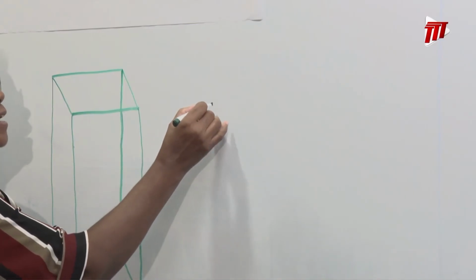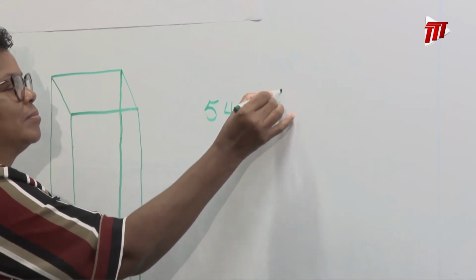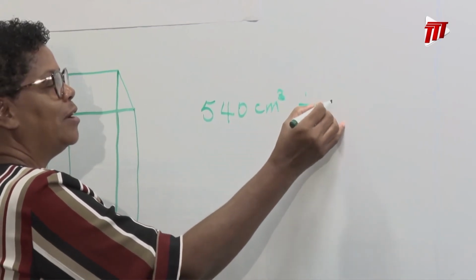So I'm going to divide my volume by the area of my base.